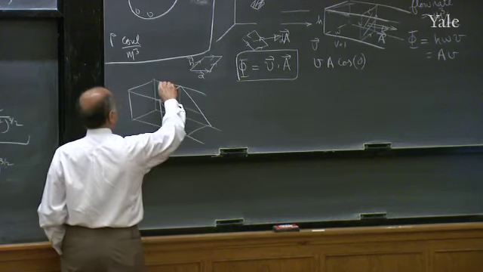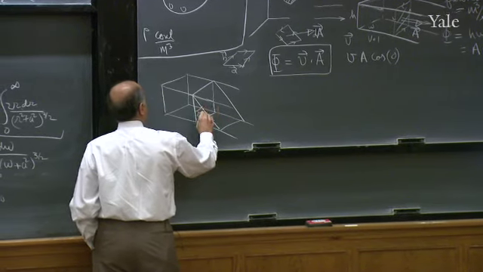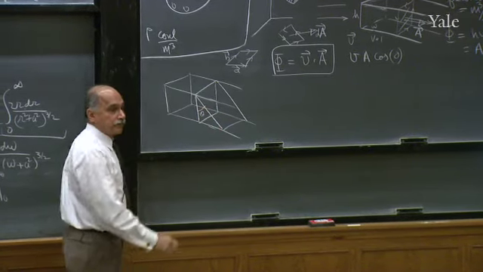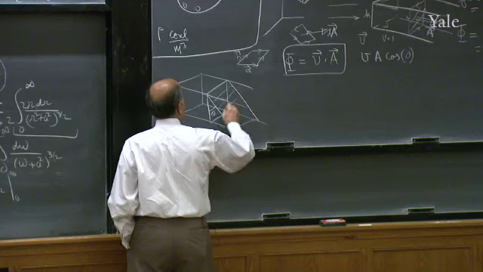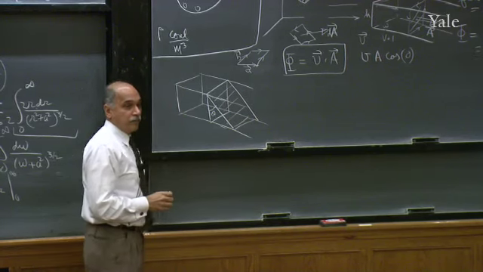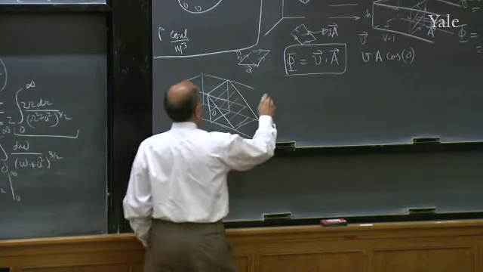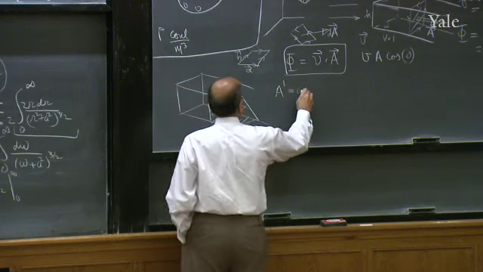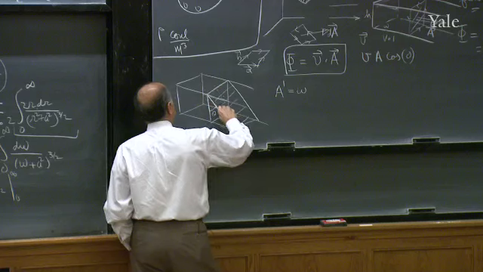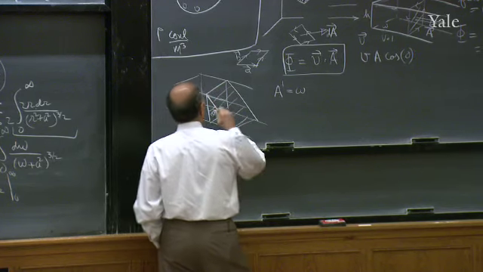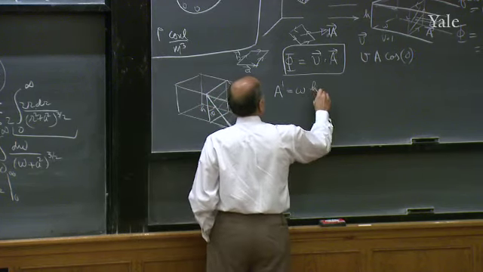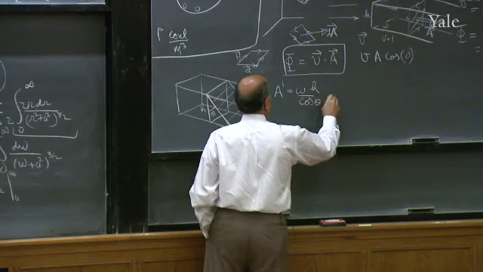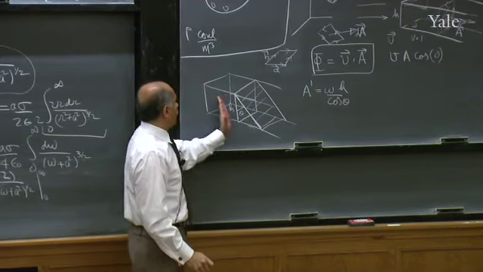It also goes from the ceiling to the floor, but it's tilted at an angle theta. So it's a bigger area than the original one. How much bigger? That area prime, I claim, is equal to the base, w, times this side. This side is h over cosine theta. The theta is the angle between these two planes.